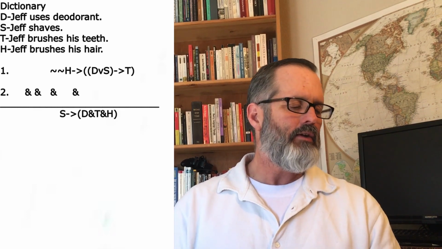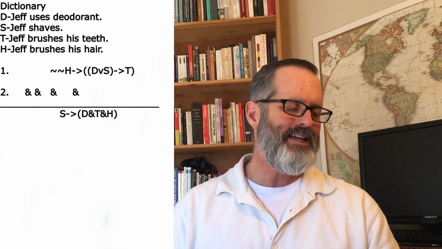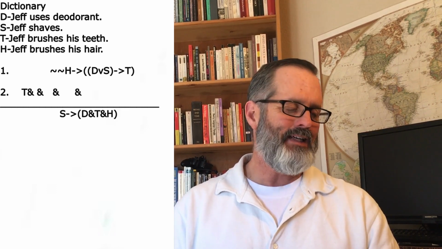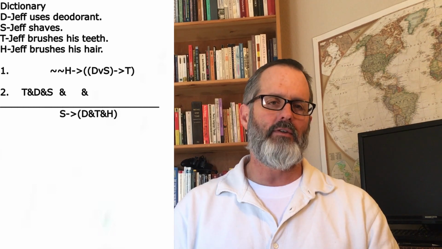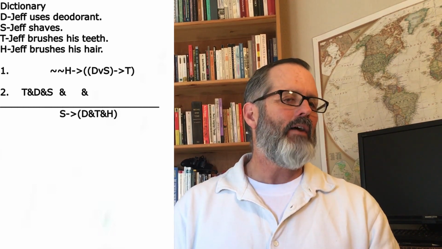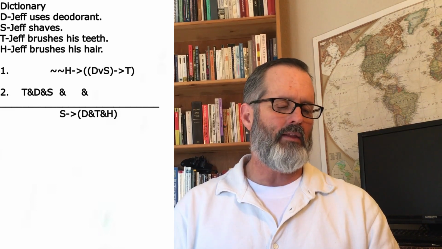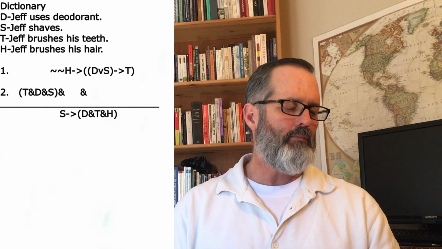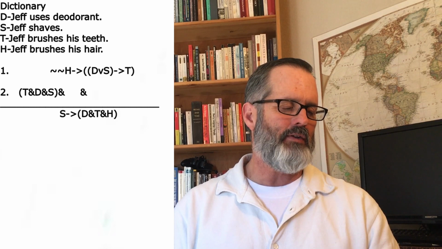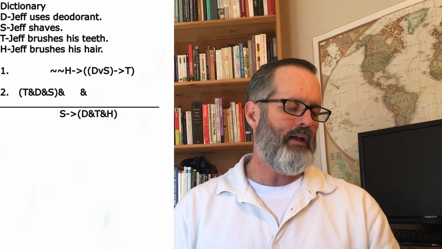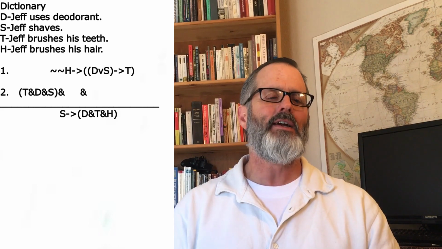On the left side, Jeff must have brushed his teeth, T. Between that and the next one, used deodorant, D, and finally, shaved. Is it obvious that we need to isolate that list? Yes. So let's do parentheses right there. Now we have, but Jeff, as usual, forgot to brush his hair. What does that say? On the right side of that large and is forgot to brush his hair, not H.